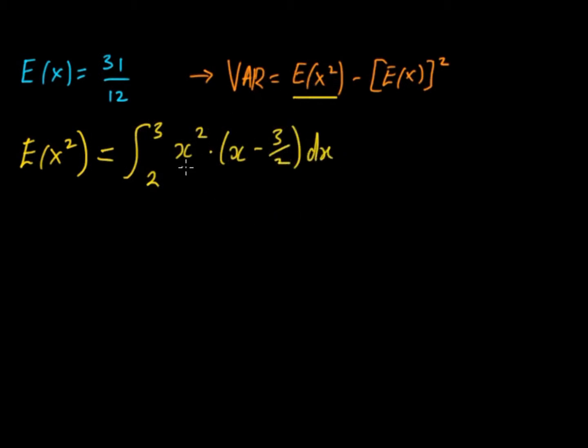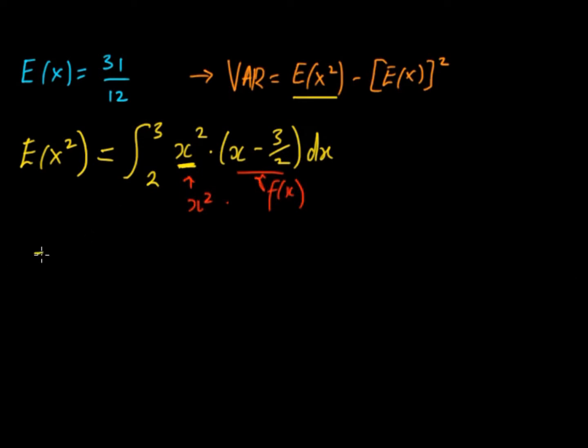The x squared is coming from the x squared in E(X squared), and then you put in the formula. Here is f(x), and that is always equal to x squared times f(x).